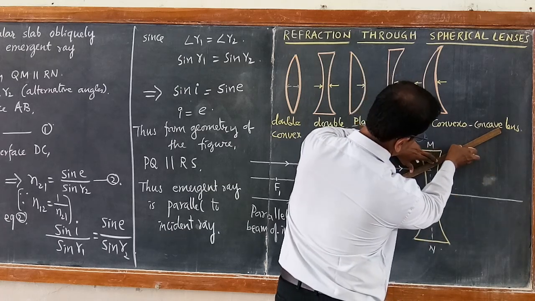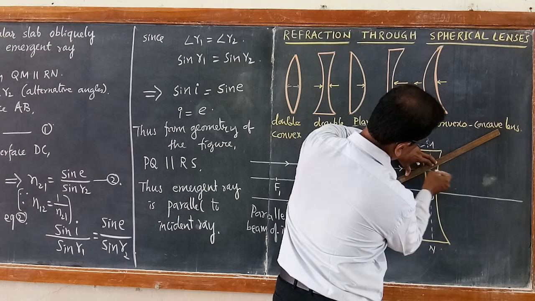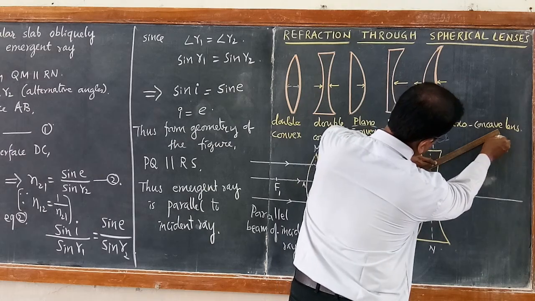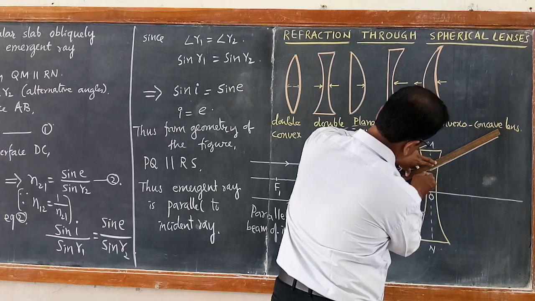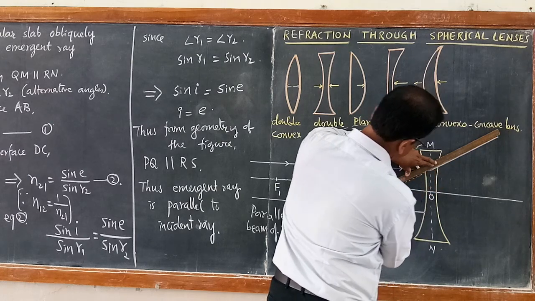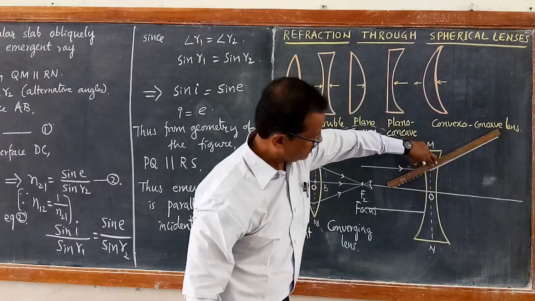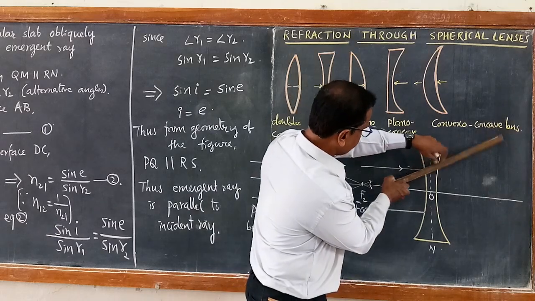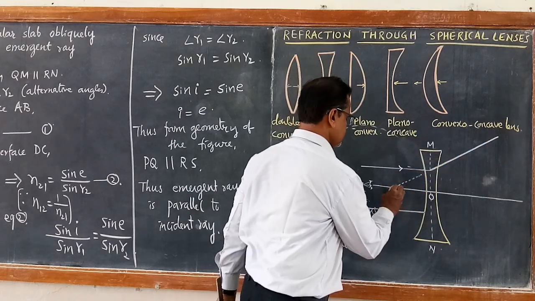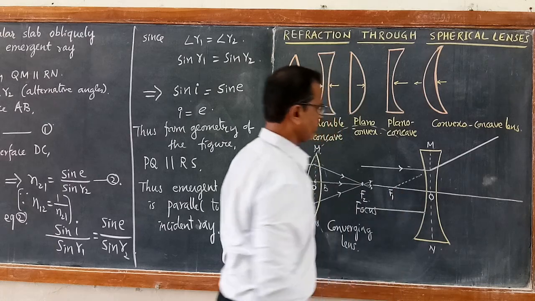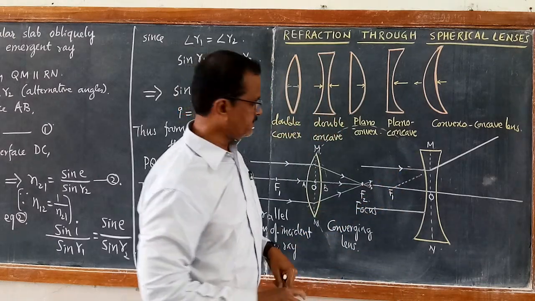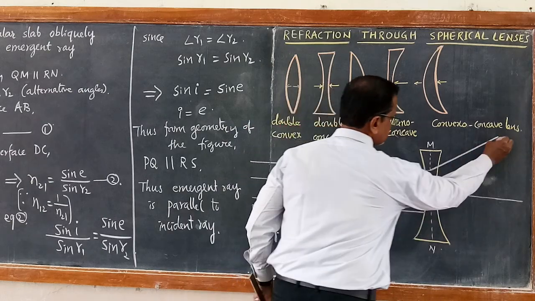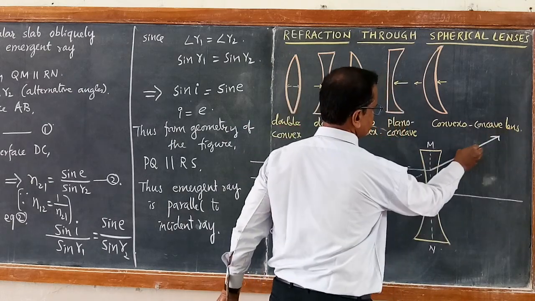From the optic axis, if you draw the divergence, this is how the ray gets diverged, and this diverged ray appears to have come from one point. That point is the focus F1, the focal point, the principal focus of this concave lens, and this is how it is getting diverged.